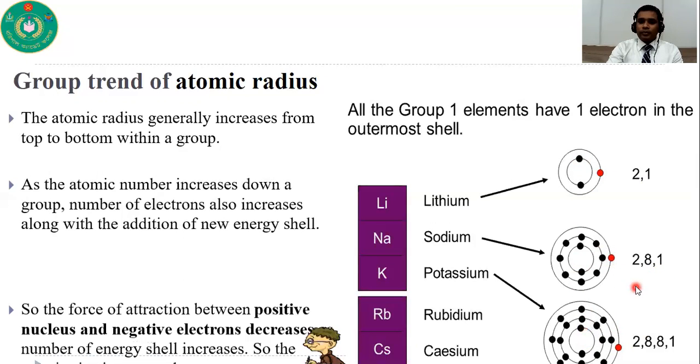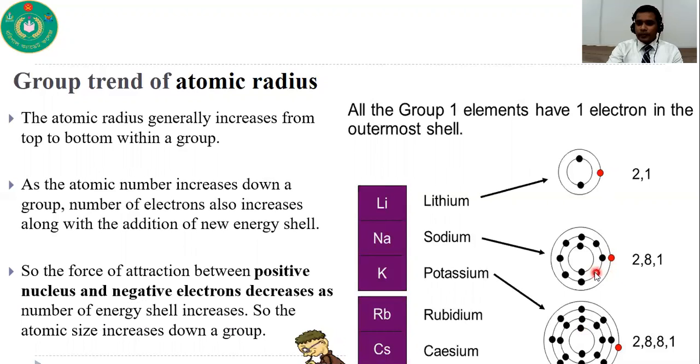That's why the attraction between positive nucleus and outermost electrons decreases. That's why its atomic radius increases when we go from top to bottom. So we can say that in a group, atomic radius increases when we go top to bottom.